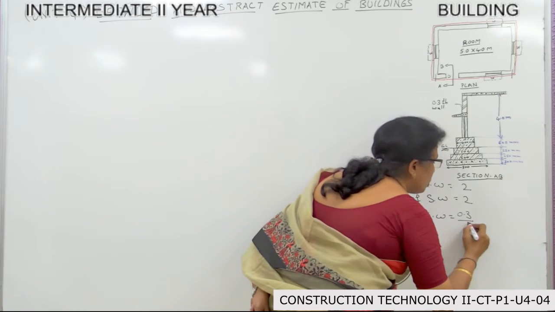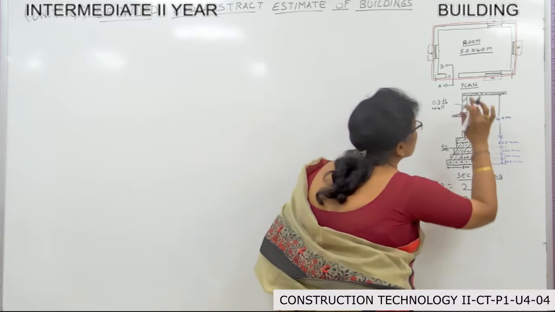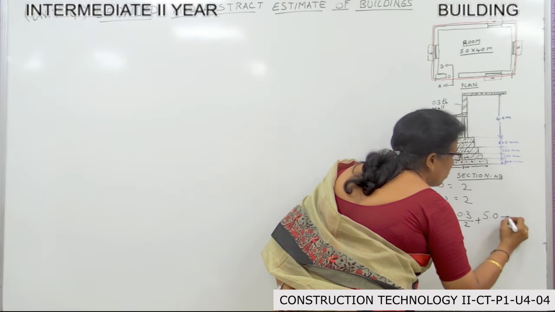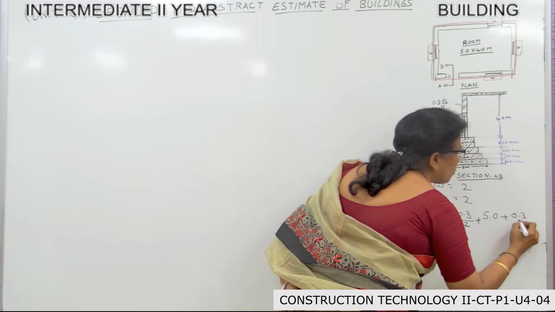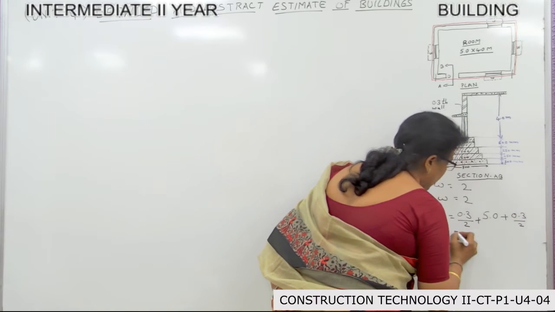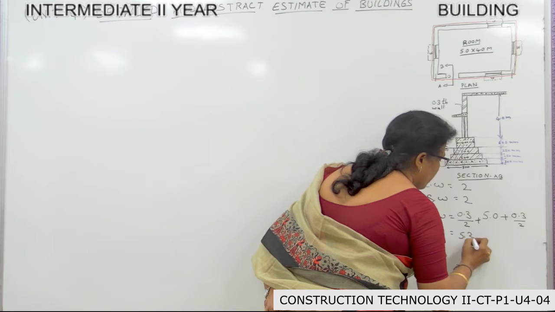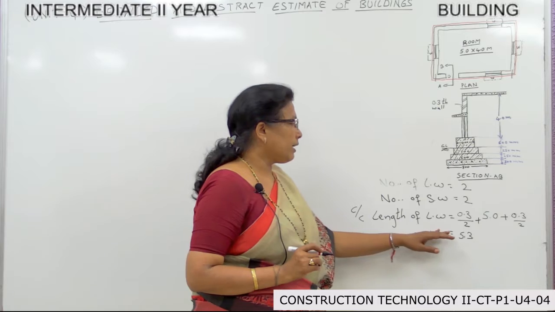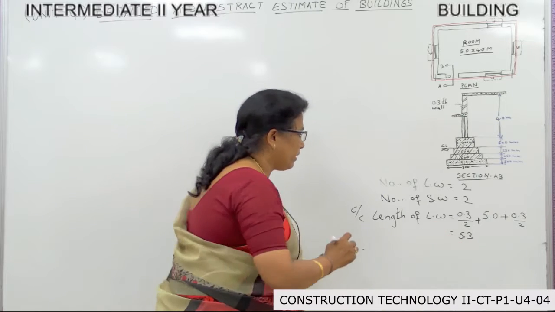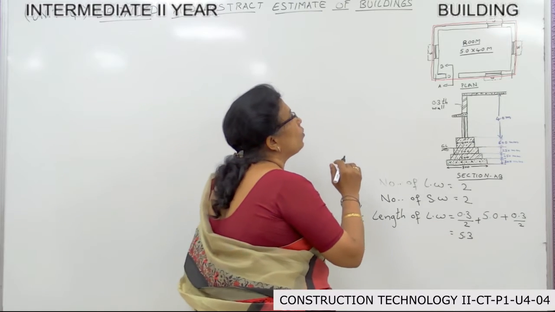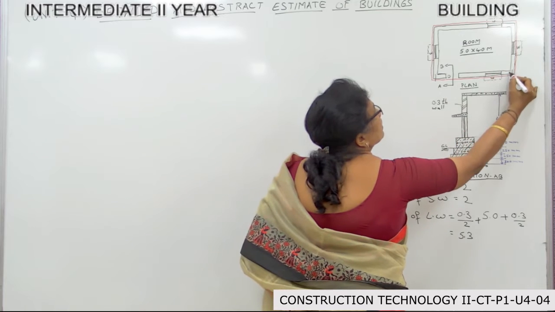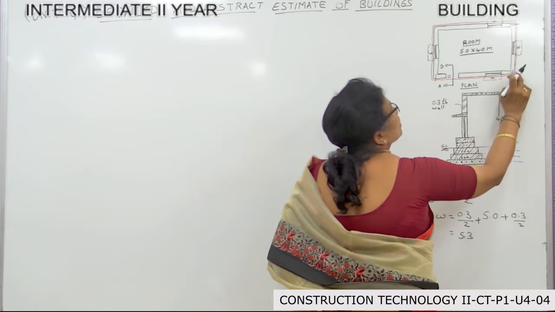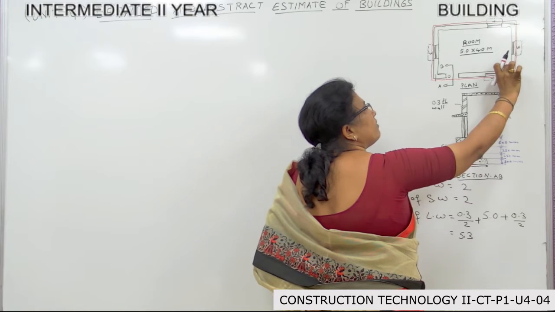Center to center length of the long wall is 0.3 by 2 plus from here to here it is 5.0 plus again 0.3 by 2. It is 5.3. So center to center length of long wall is 5.3. In the same way, now we'll calculate the center to center length of the short wall. That means from here to here.